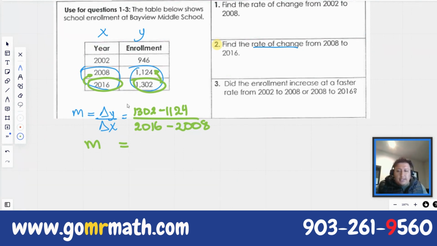Let's calculate this: 1302 minus 1124 divided by 8 is 22.25, and that should be the answer for the rate of change from 2008 to 2016. Okay, let's continue.